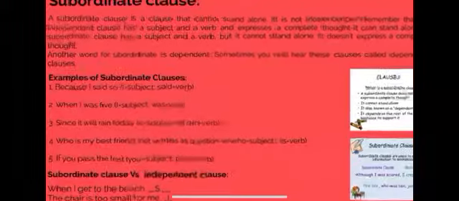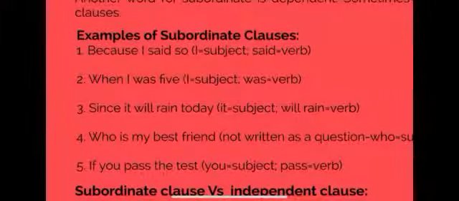Examples of subordinate clauses are: because I said so. I is the subject, said is the verb, but there is no sense in this, because I said so. What did you say? There's no complete thought. We cannot understand what it's talking about.